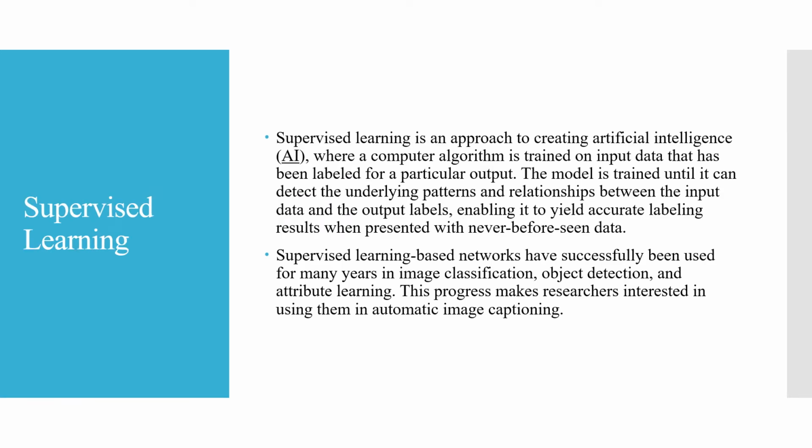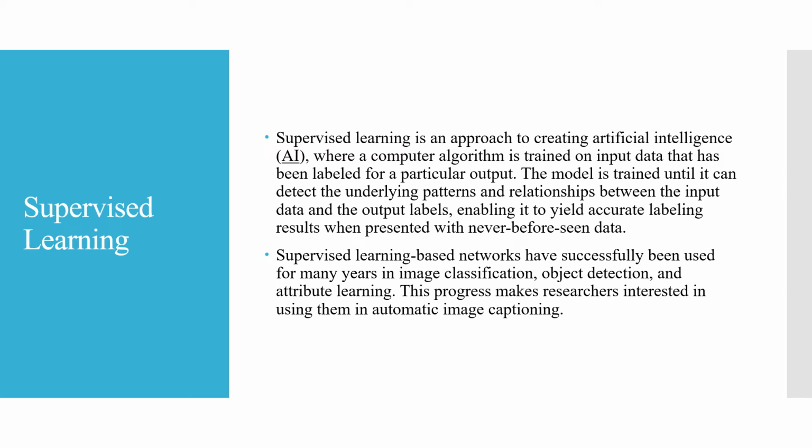And next we come to supervised learning. Supervised learning is an approach to creating artificial intelligence, where a computer algorithm is trained on input data that has been labeled for a particular output. The model is trained until it can detect the underlying patterns and relationships between the input data and the output labels, enabling it to yield accurate labeling results when presented with never before seen data.